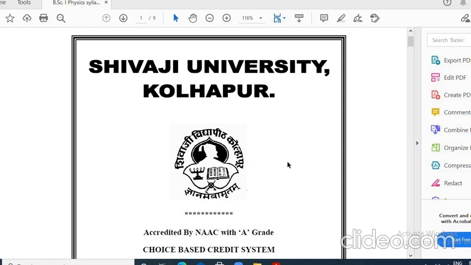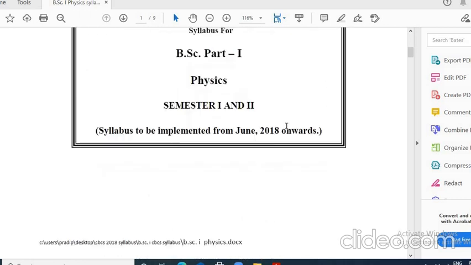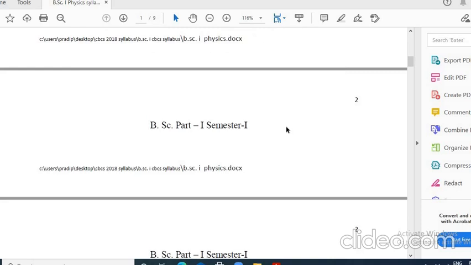Today we are going to discuss the next paper syllabus, that is paper number 4, semester 2nd. Friends, you know our college is affiliated with Shivaji University Kolhapur, and the university forms the syllabus.